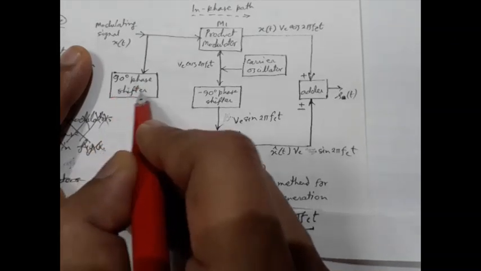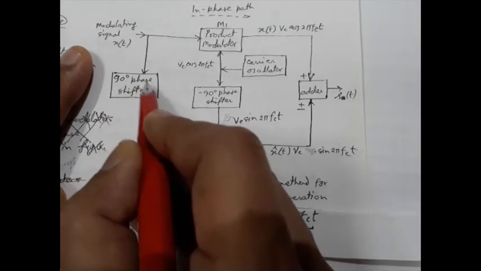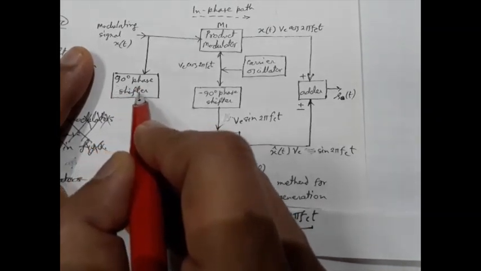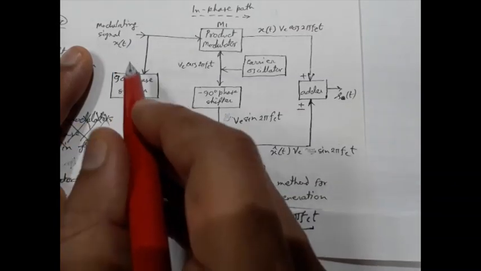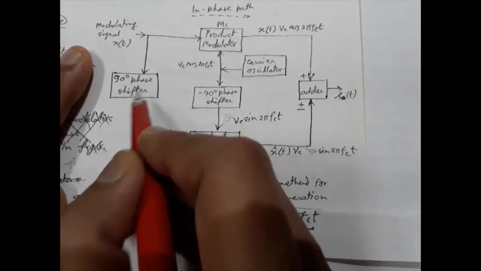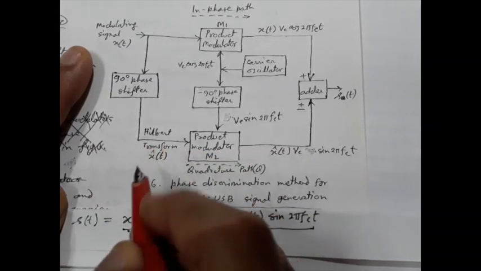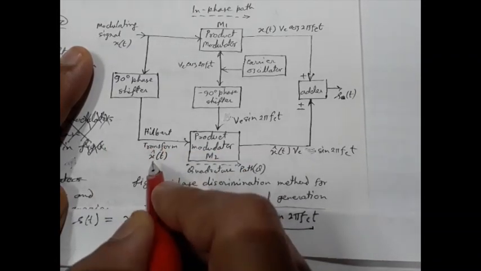So it is a special filter, Hilbert transform filter, that is used to change the phase of x(t) by 90 degree. So here we have x_h(t).